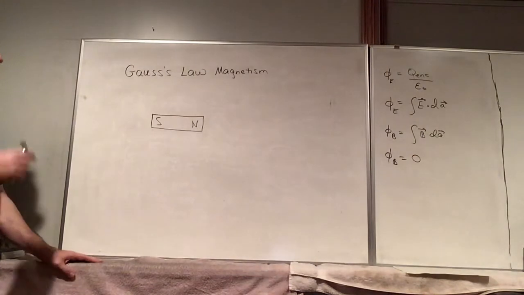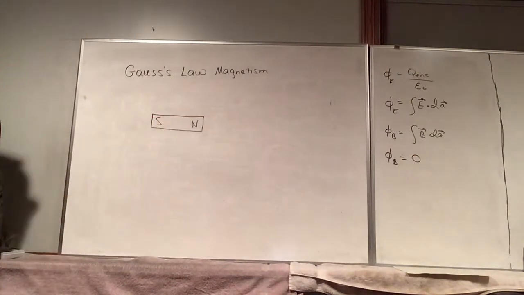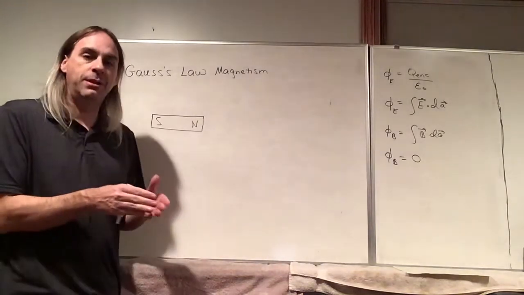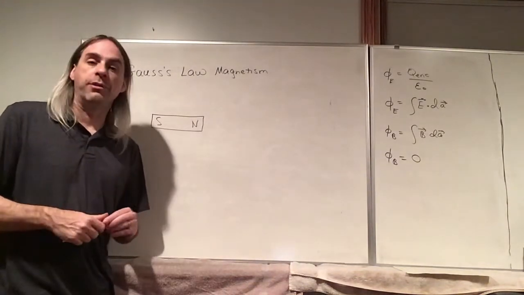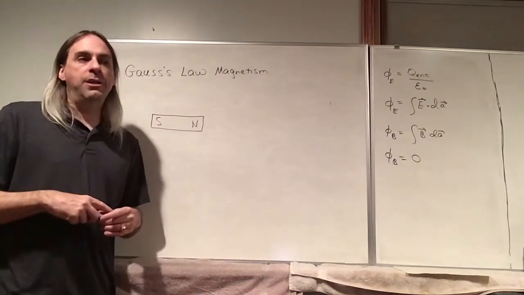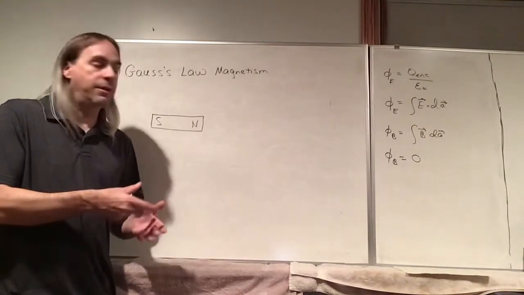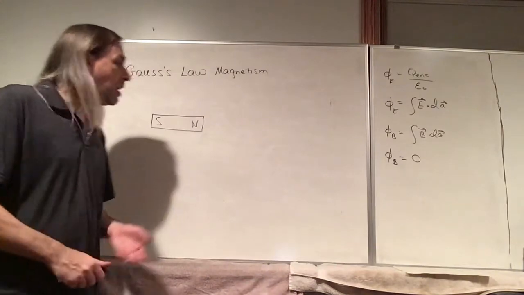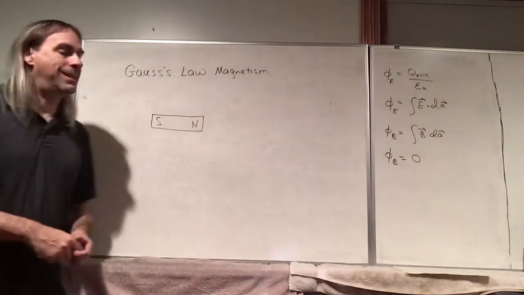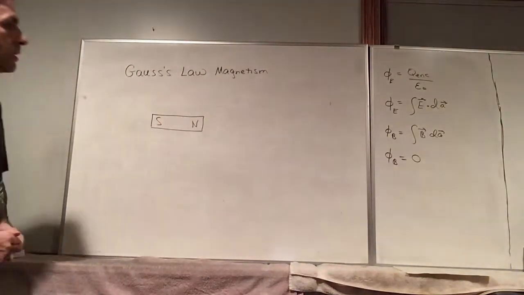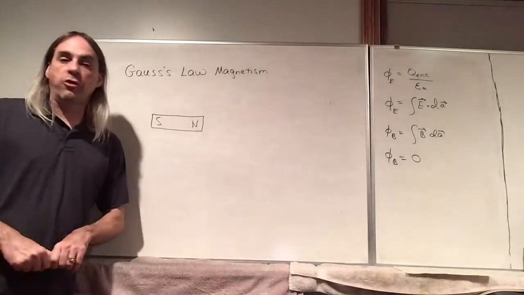Like I said, we can break down this magnet as much as we want into smaller and smaller pieces. Each one is going to have a north and a south pole. And you might ask, is there some point where you have to stop and you just have an isolated pole? No, you can go all the way down to the subatomic level. So let's look at an atom, for instance.